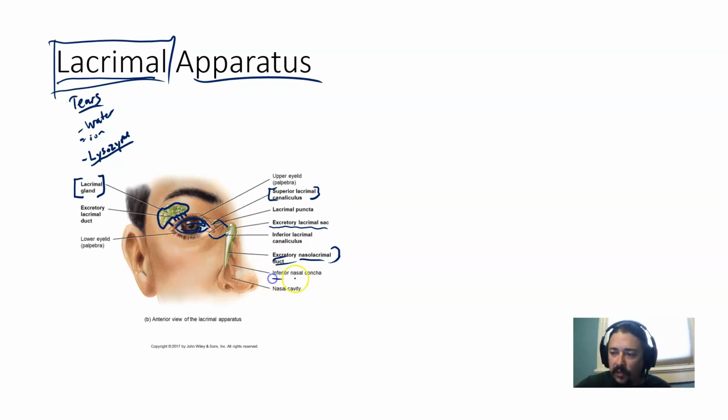Basically, below your inferior nasal concha, there's a little hole, and the tears flow into that hole, into your nasal cavity, where they can either run down out of your nose or down the back of your throat, or just moisten the nasal mucosa as it dries.